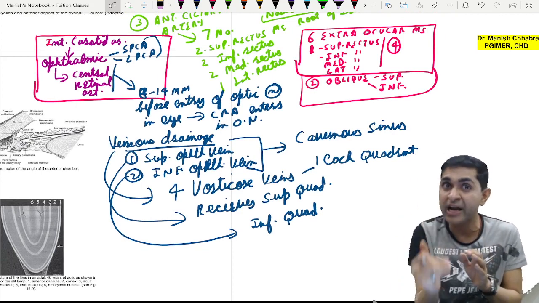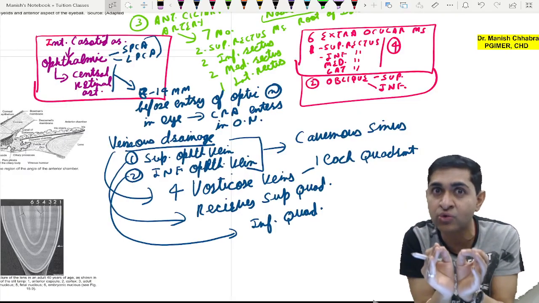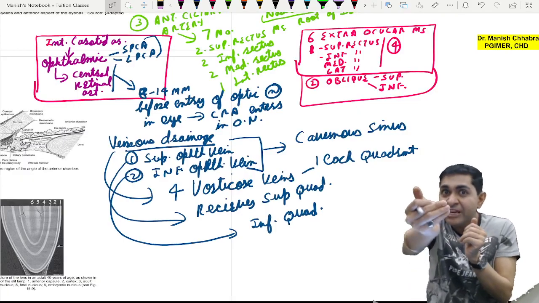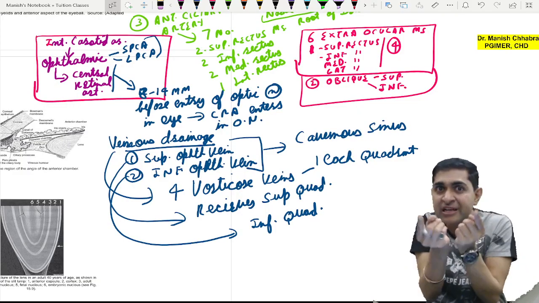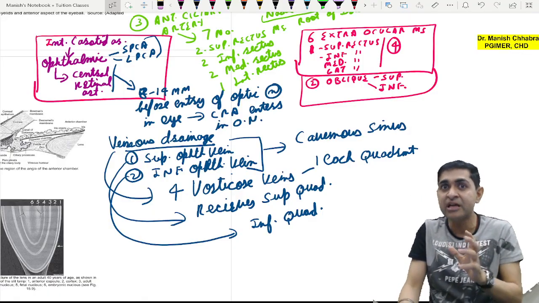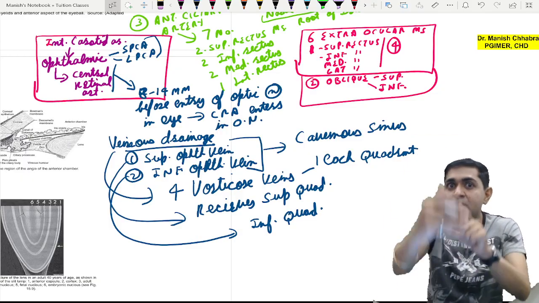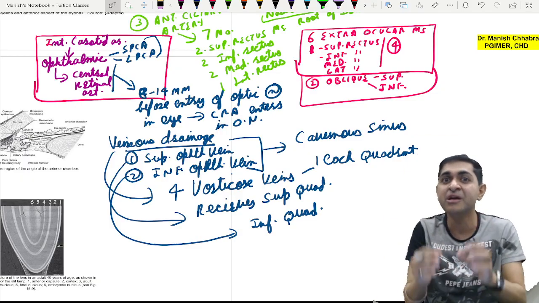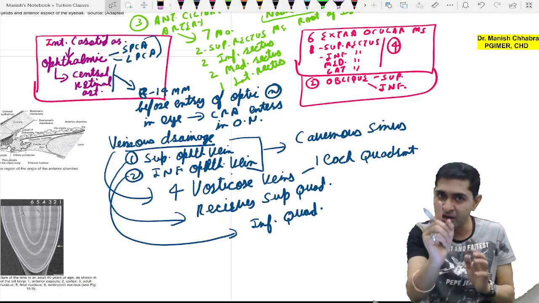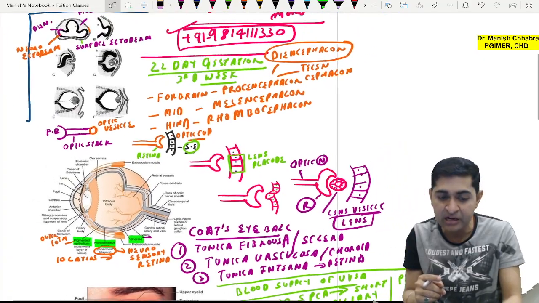You also read that there is an anterior layer, your surface ectoderm, which invaginates to form a single cellular structure called the lens vesicle, and the lens vesicle is derived from surface ectoderm. So the lens is also derived from surface ectoderm. Done? Okay, so this is all we read in today's class.